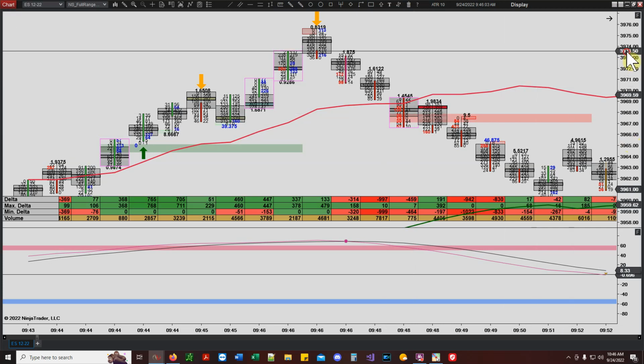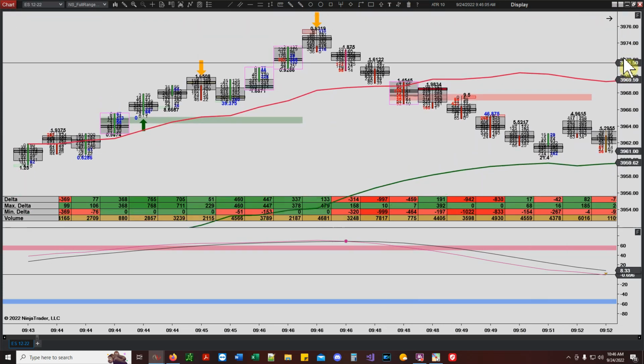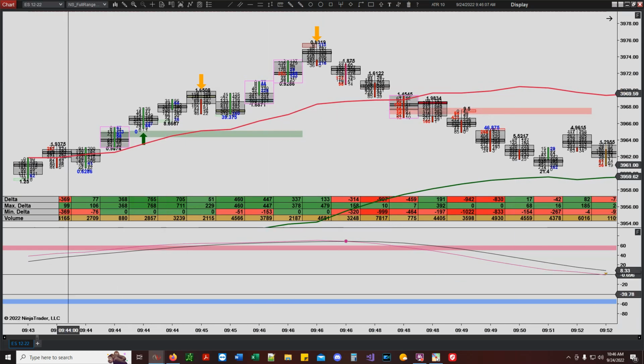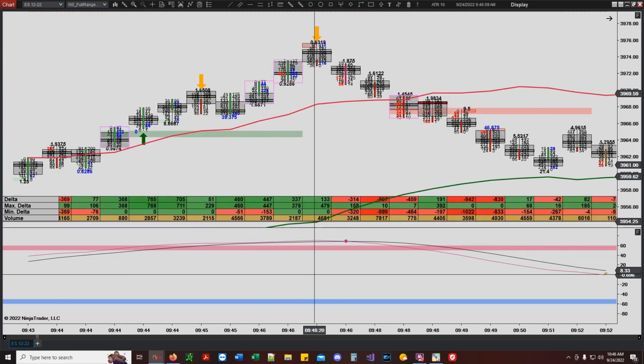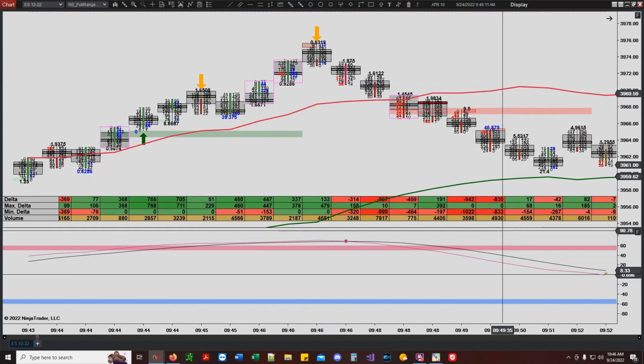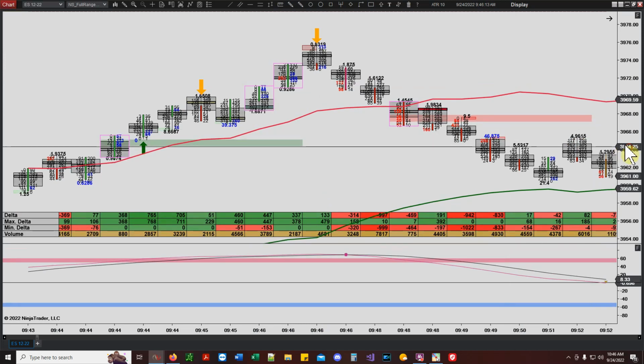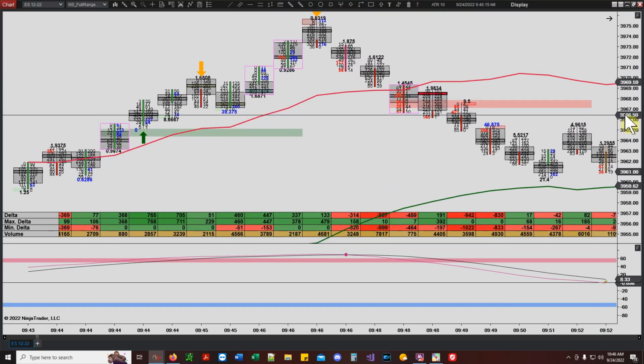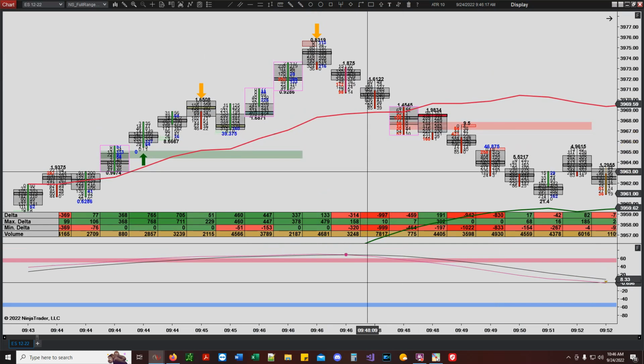Let's look at this. I loaded up 15 days of data, so I could walk through this. This is my first time walking through this. I haven't even looked at the chart yet, but just from what I've seen over the past couple of days, I said, you know what, let me go ahead and record.